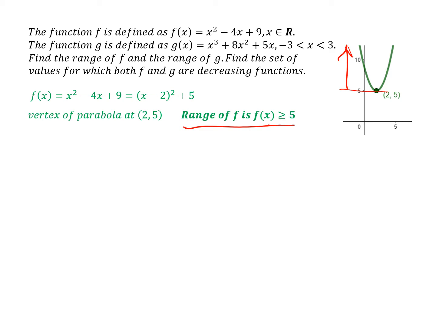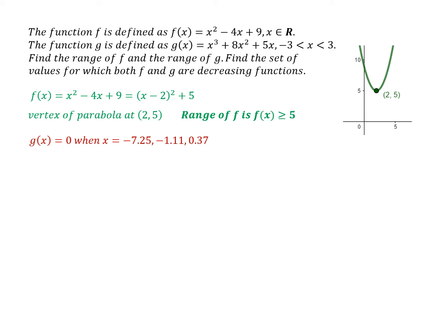With g of x, what I'm going to do is find out firstly where g of x crosses the x-axis. And what I've done there is simply to use the equation solver in my calculator, and that's the quickest way to do it. There are other ways, but that's a nice, neat way of solving the equation to find out where g of x cuts the x-axis.